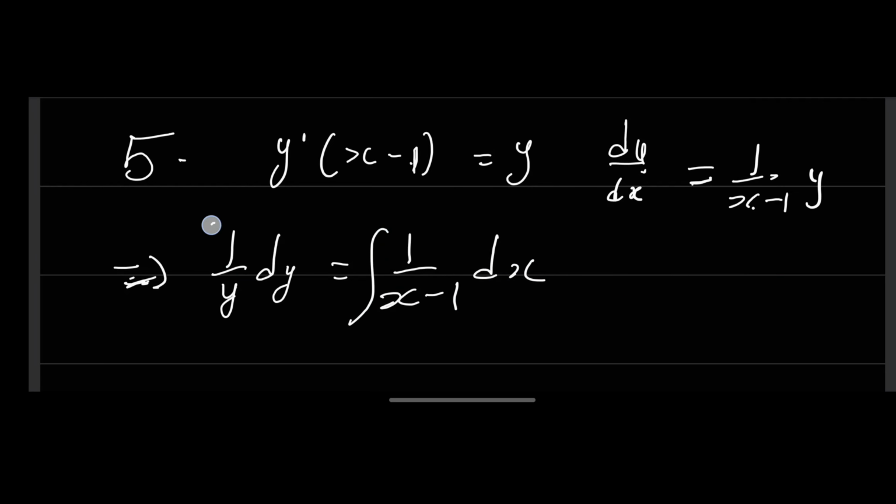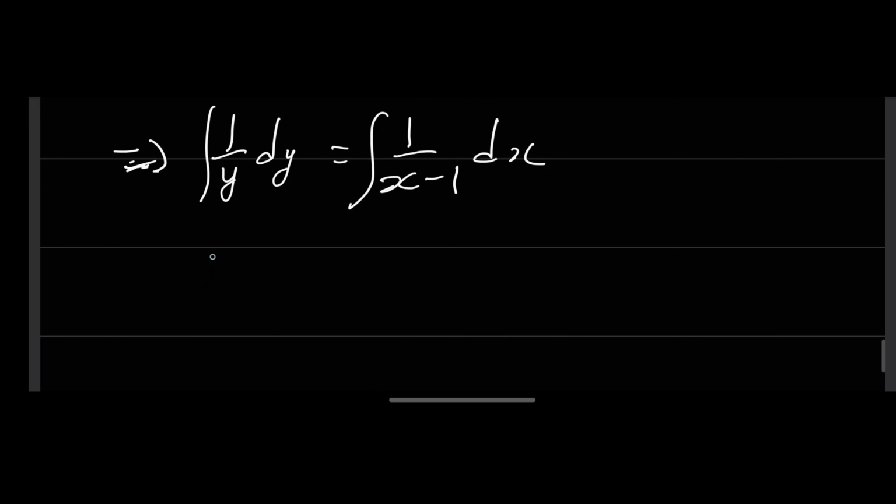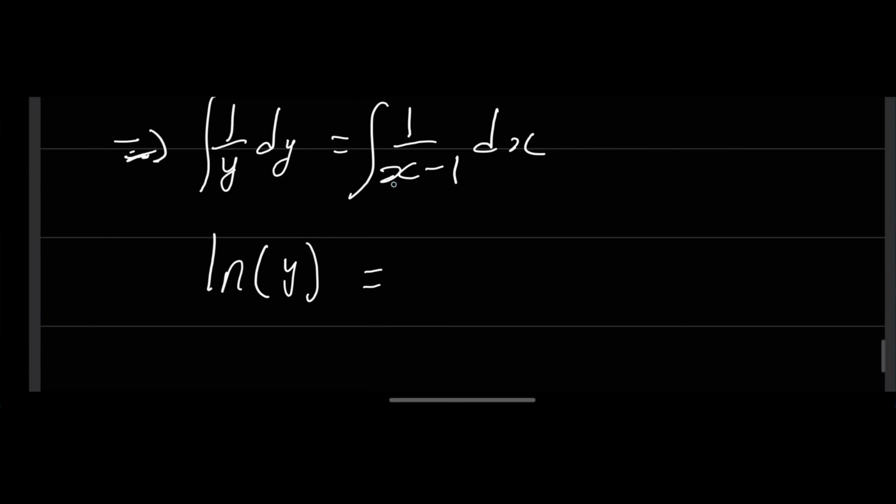We can integrate both sides and end up getting natural log of the absolute value of y equal to the natural log of this. The reason is that the derivative of x minus 1 is 1, and that is the one on top here. Based on our rule for integrating rational functions to get logs, this satisfies it. So we'll end up getting x minus 1 here, plus some constant.